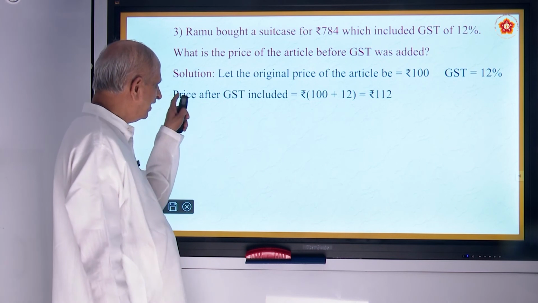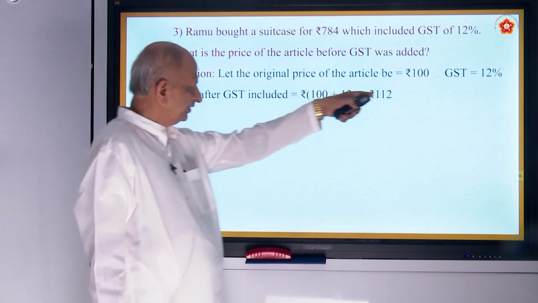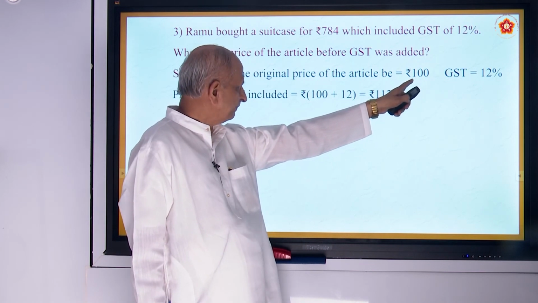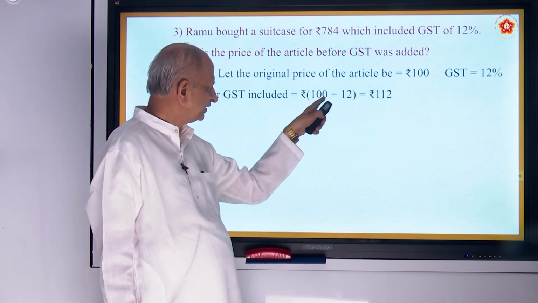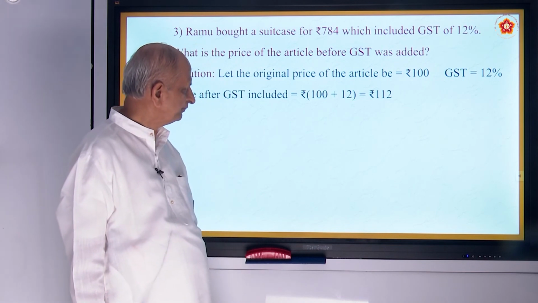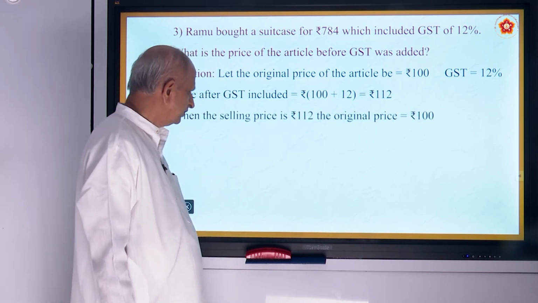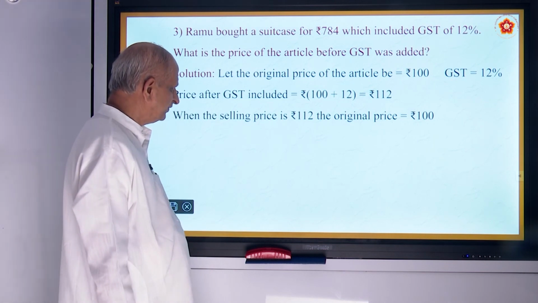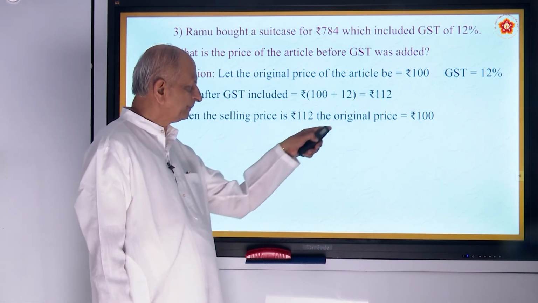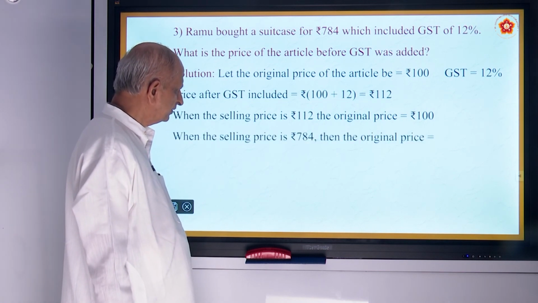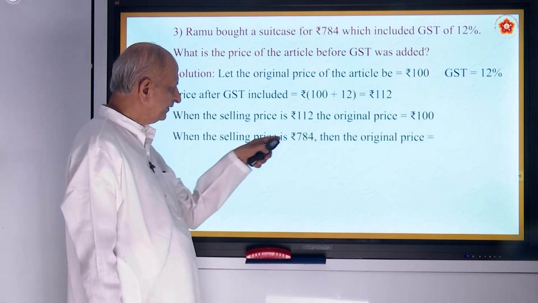Now, price after GST. GST is 12% as given. If you take the original price as 100 rupees, 100 plus 12 becomes 112. I can take it as X also, X plus 12 like that. So when the selling price is 112, the original price is 100 rupees. Now you are given that the selling price is 784.